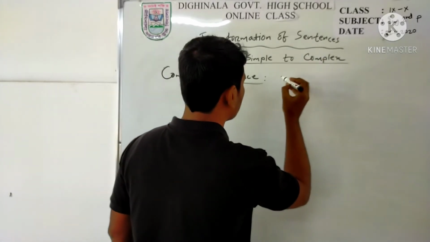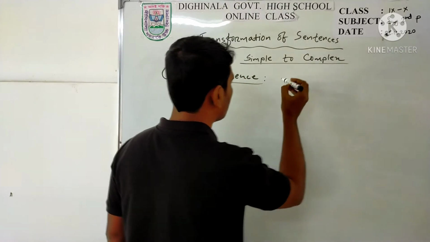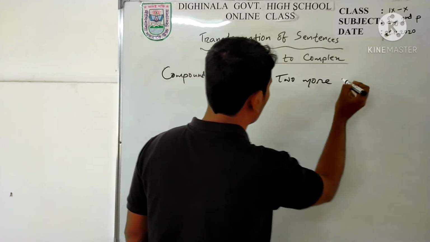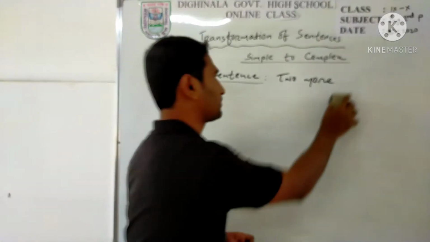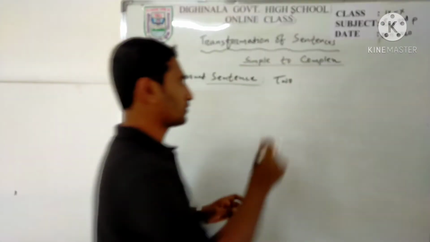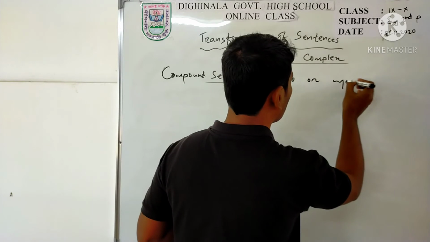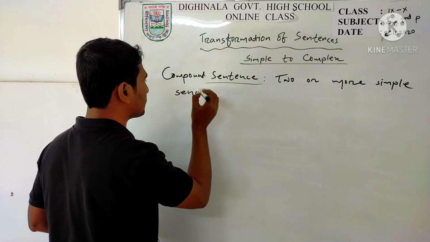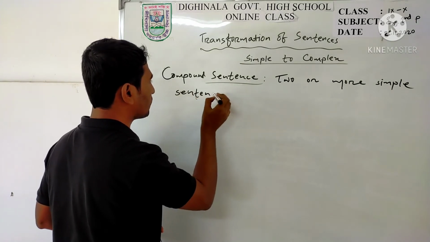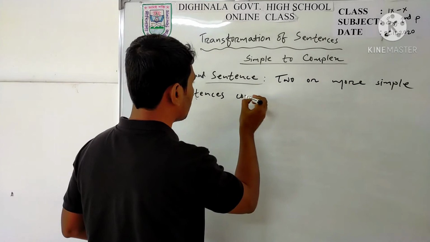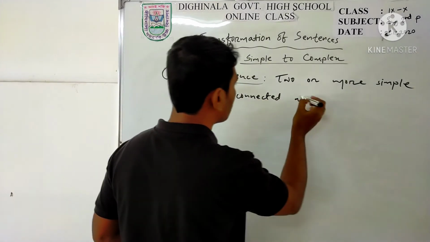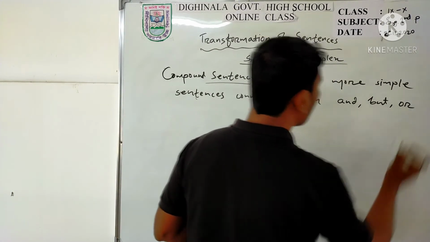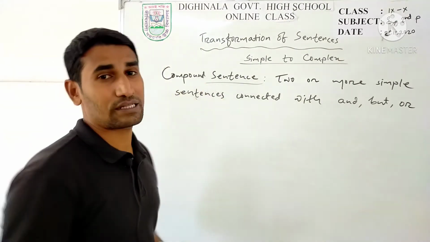Compound sentence: two or more simple sentences connected with and, but, or, then you will have compound sentences.